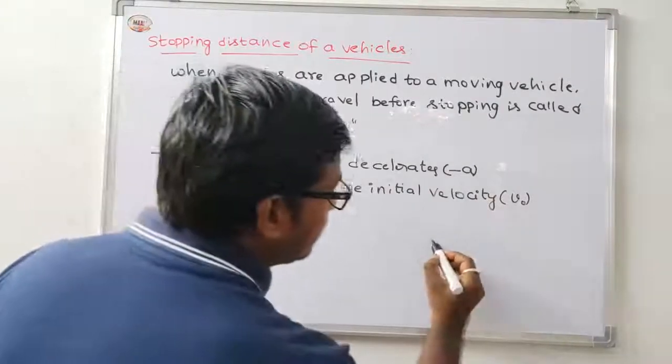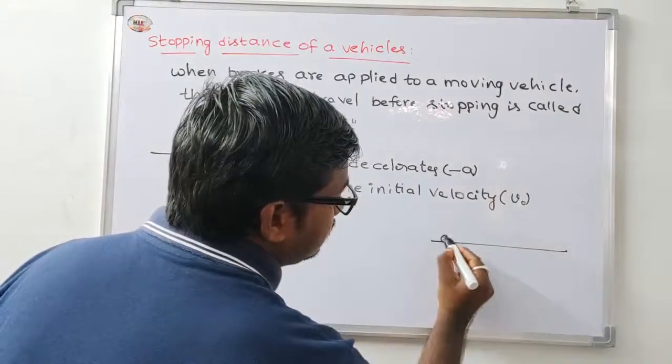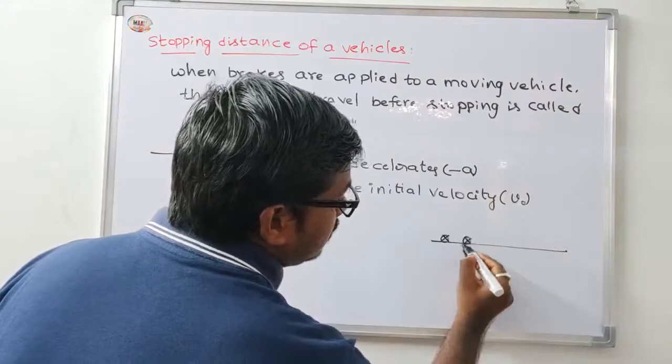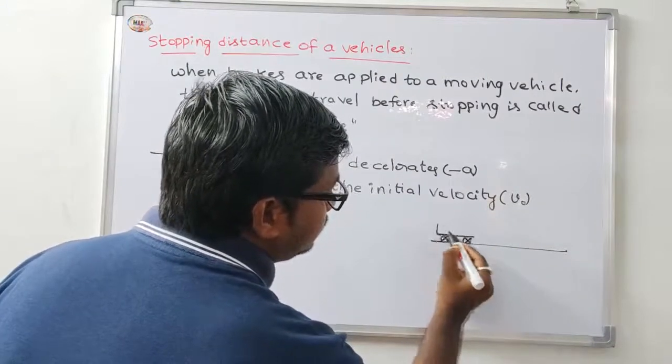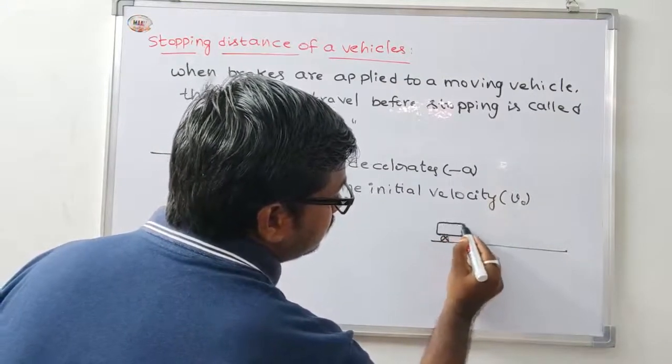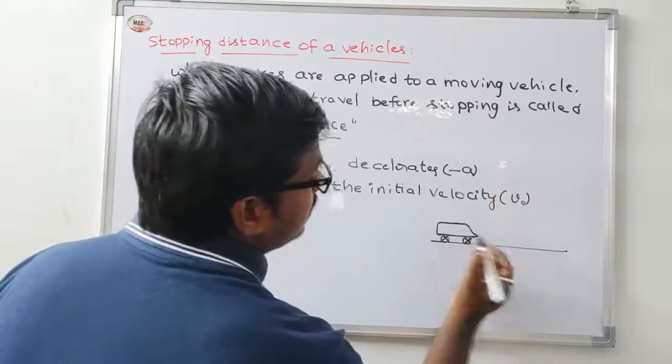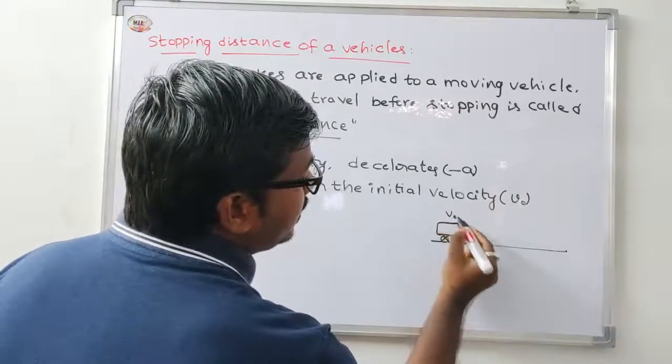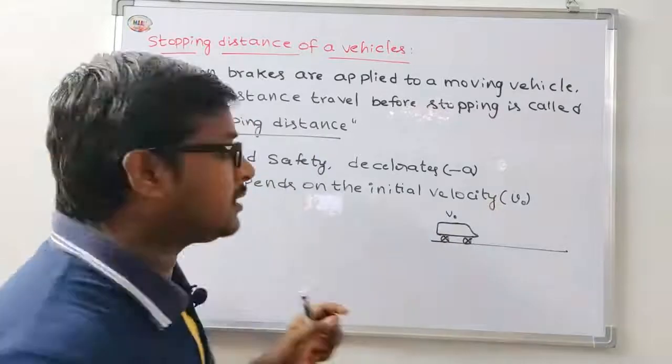So for example, students, this is the car. It is first moving with the initial velocity v0.